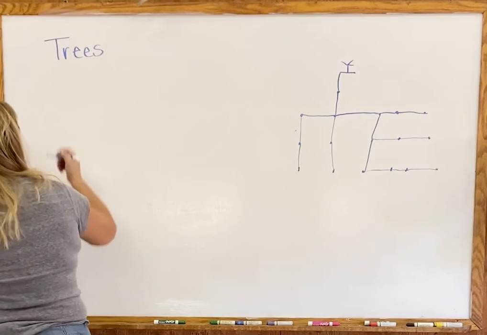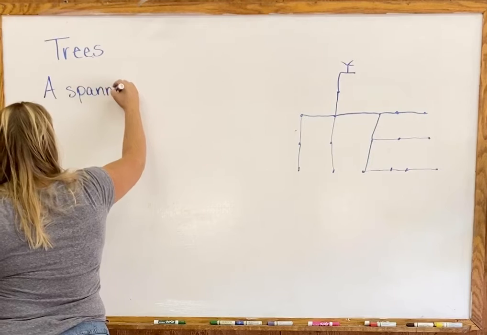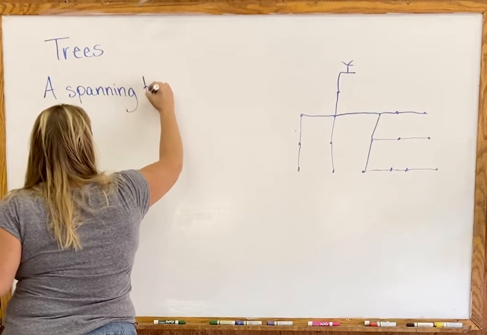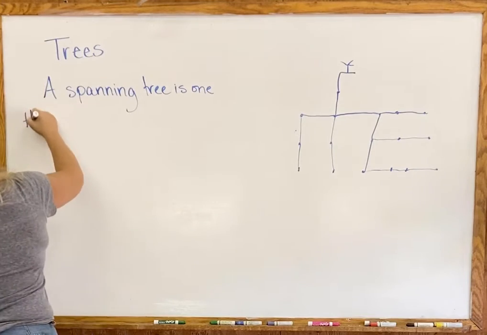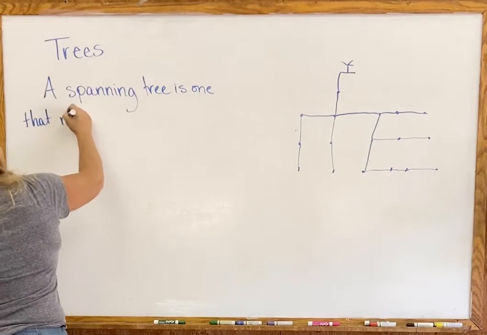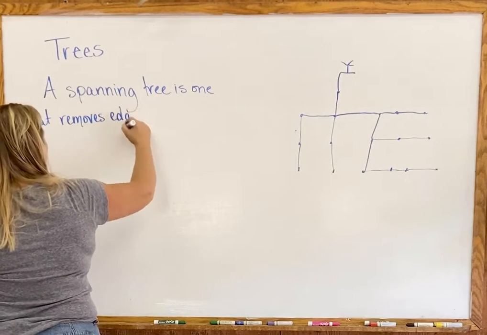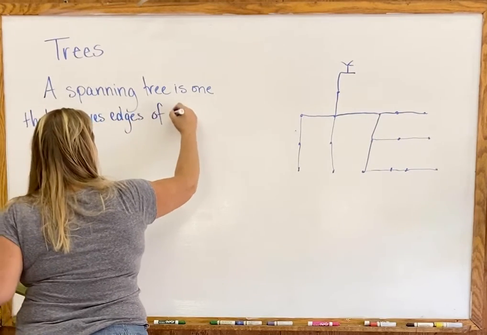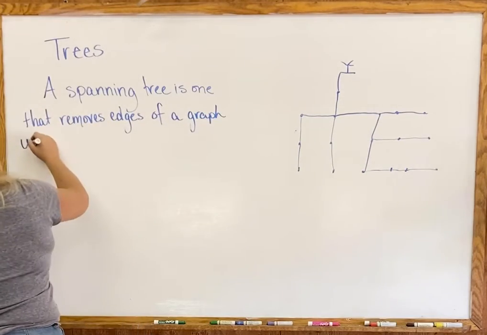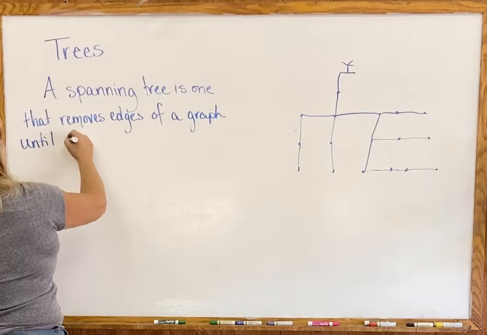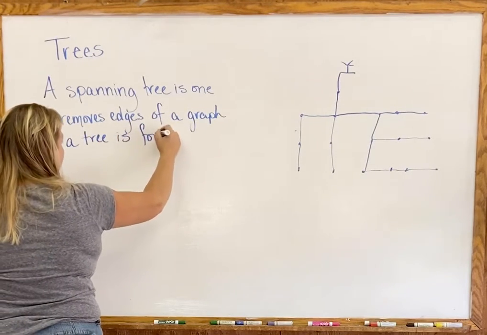So we say a spanning tree is one that removes edges of a graph until a tree is formed.